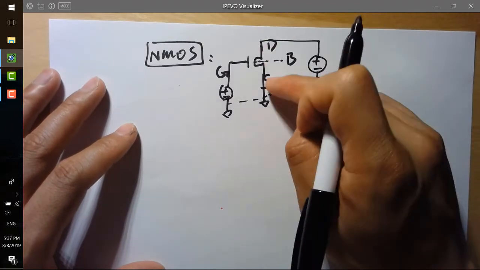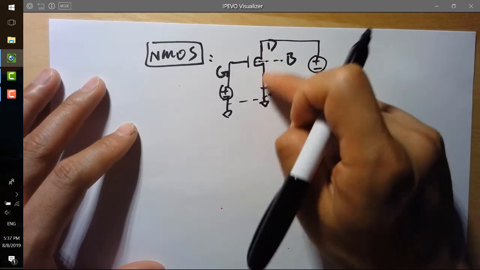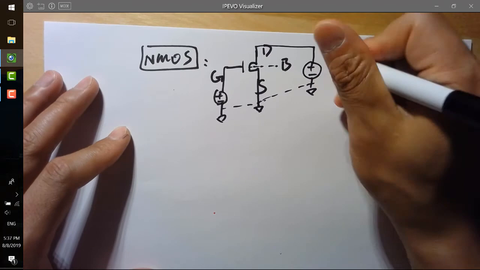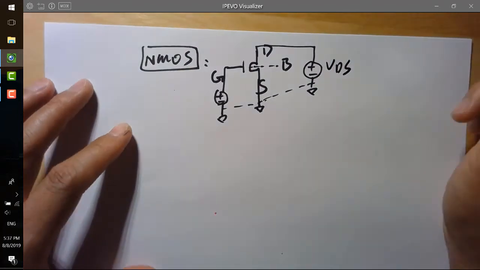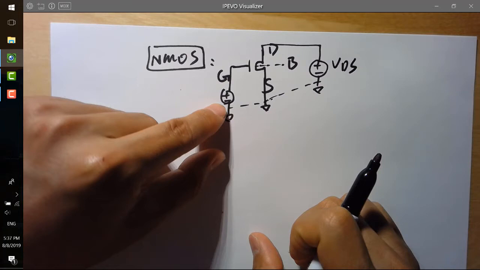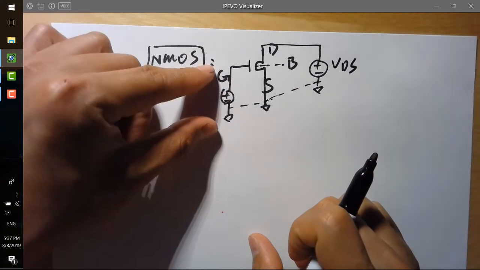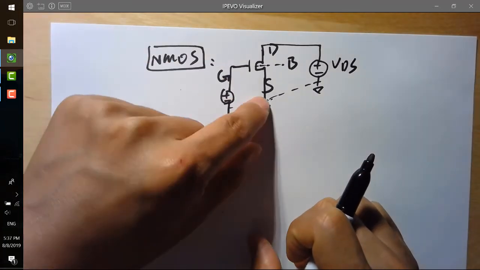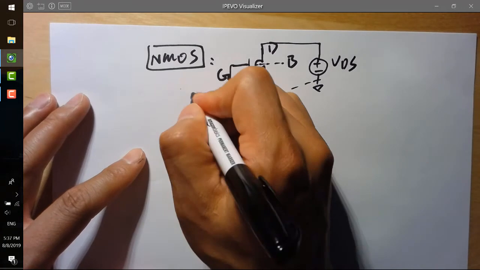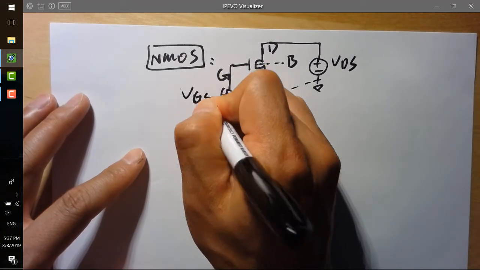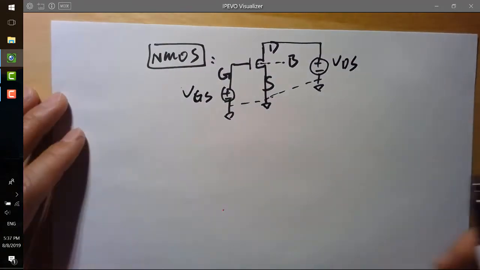We can call it VDS. So we name this voltage source VDS. And the same thing here. This voltage source defines the voltage across G and S. So we call this voltage VGS, right?